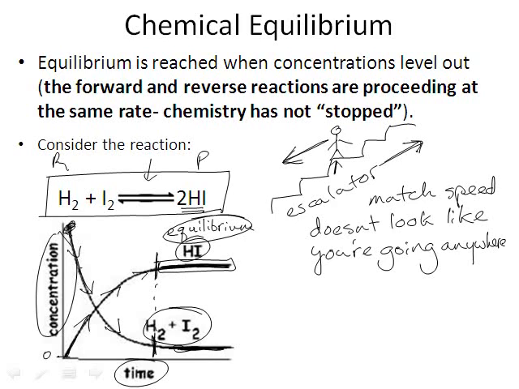It's leveled out, it's gone flat. But that doesn't mean that the reaction has stopped. It just means that HI is breaking into H2 plus I2, and H2 plus I2 are forming HI at the same speed. This is equilibrium. It looks like things have stopped, but they haven't stopped. The plot levels out, but chemistry is still happening.